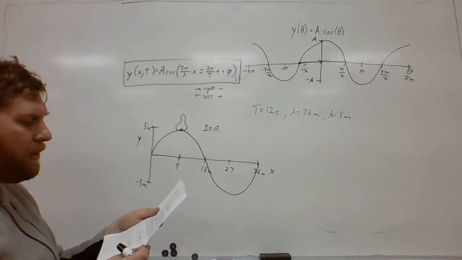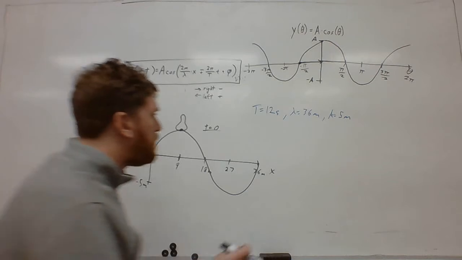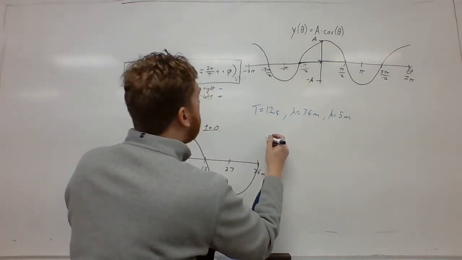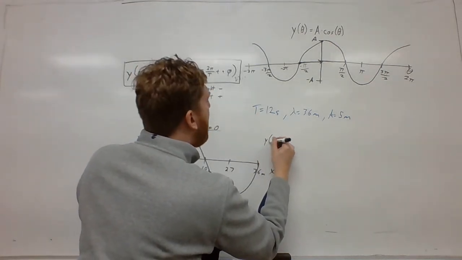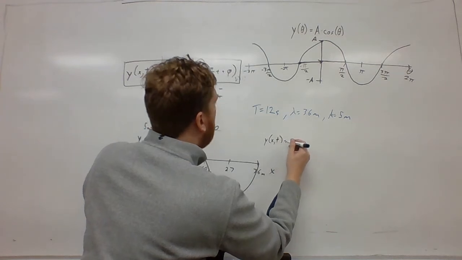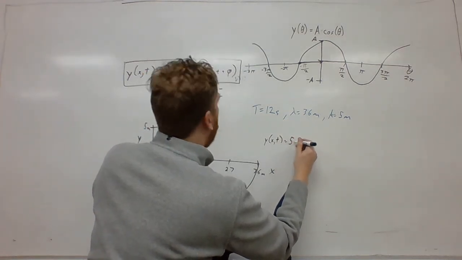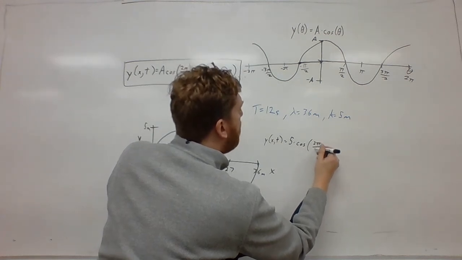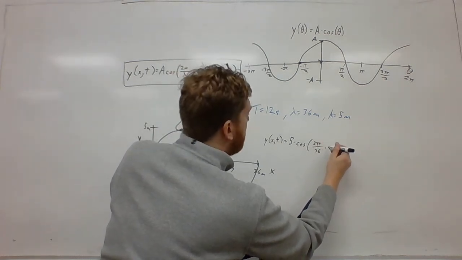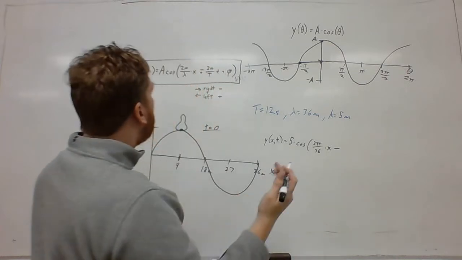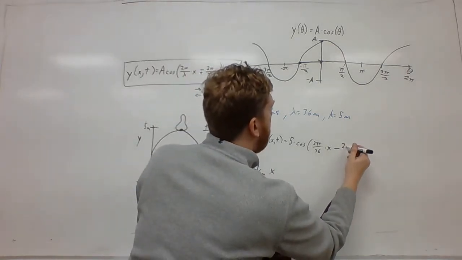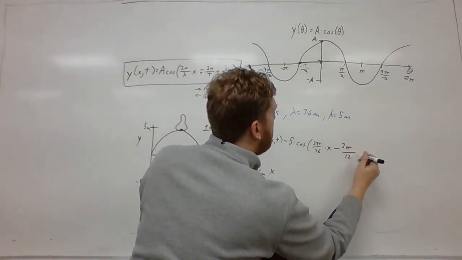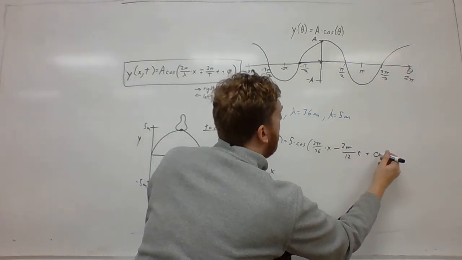Let's go ahead and figure out what the equation is. Our equation is this. I'm going to plug in everything that we know. y as a function of x and t equals 5 times cosine of 2 pi over 36 times x minus, because it's traveling to the right, 2 pi over 12 times t, plus a phase constant.